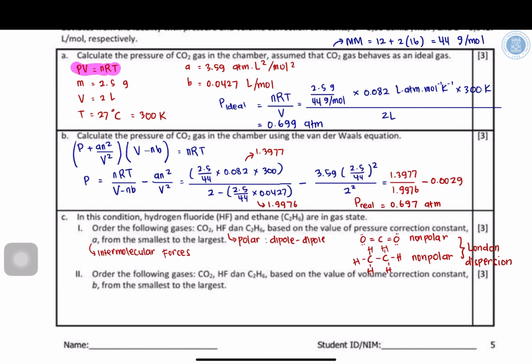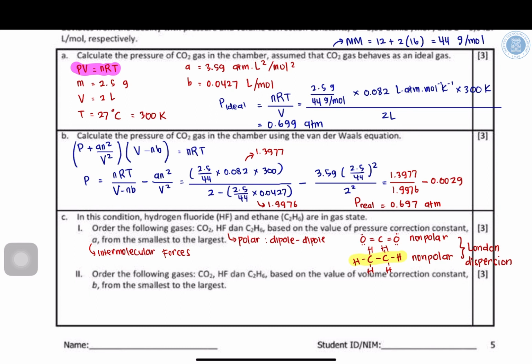And we are going to compare these two. Now, you see from the structure of C2H6 that it relatively has a larger surface area compared to the CO2. So in that case, it will have a stronger London dispersion compared to the CO2.